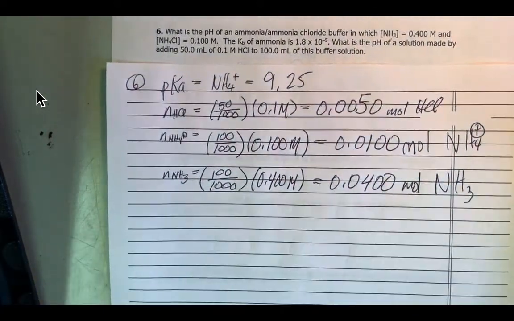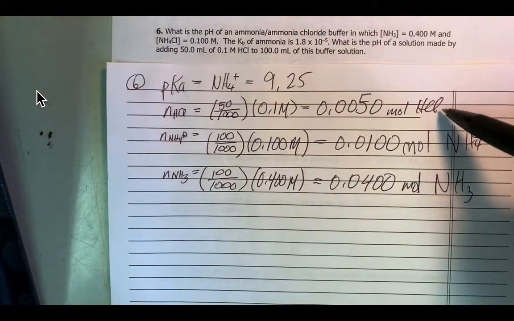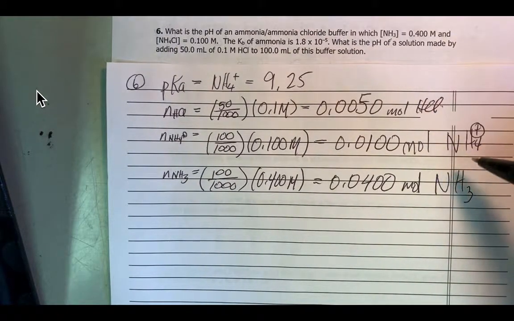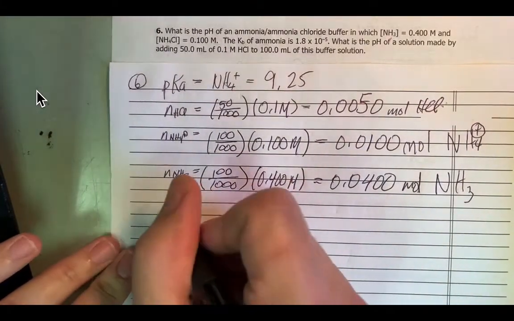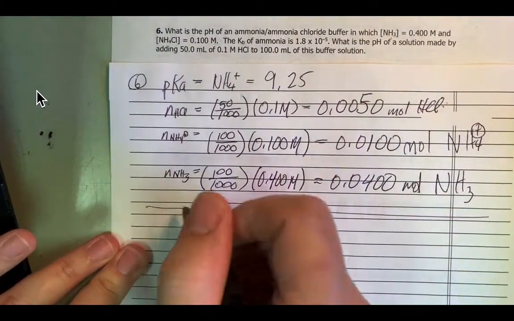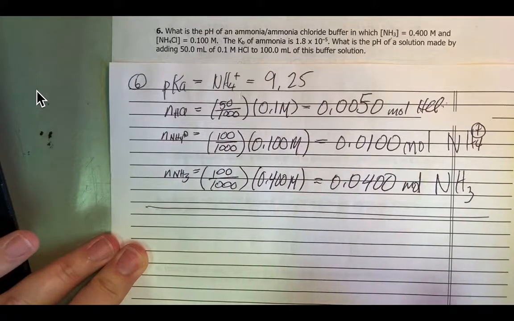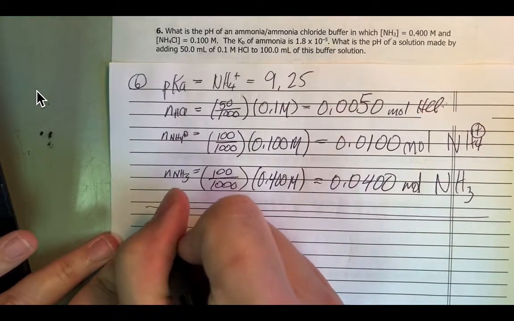Okay, and so this can be weird to think about, but what's going to happen is when this strong acid goes into the solution, it's going to destroy 0.0050 moles of the ammonia. Not really destroy, but convert it into ammonium. Okay, so let's see. So this was before they mixed. Now let's say after they mix. So let's do ammonia here first.